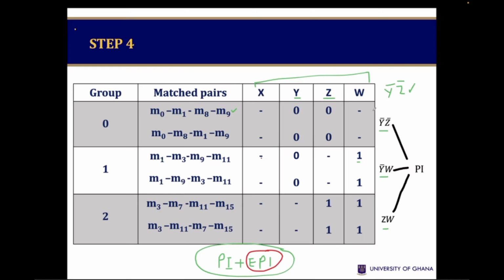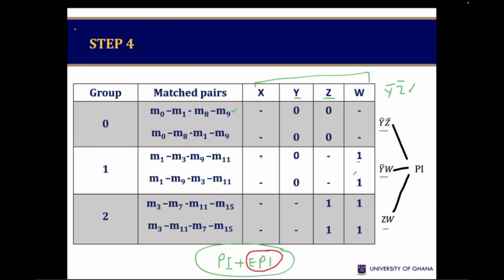But from our previous discussions, some of the prime implicants are non-essential, and therefore we have to eliminate them. Now we have 3 prime implicants. We don't know if all these 3 are essential or not, so we have to find out. If all of them are essential, then we keep all of them.